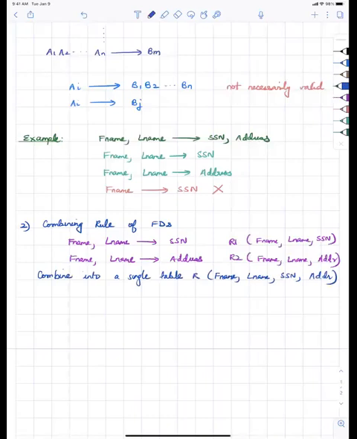On the left side, you can't break up, but on the right side, you should actually combine if you have the same things on the left. That's the combining rule of FDs.